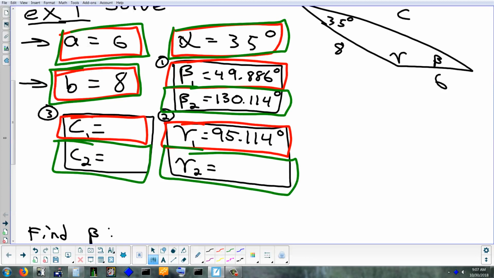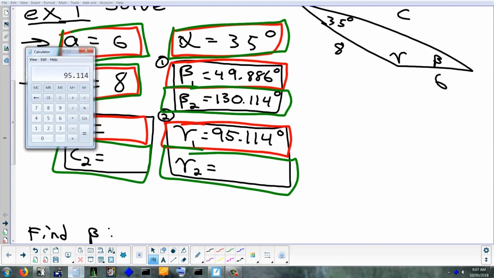Now at this point, I do have enough information. I could finish off the red triangle and get C1, but I'm just going to get gamma 2 while I'm getting the gammas, and then I'll come back and do C1 and C2 later. What are the two angles that I'm going to add up for gamma 2? Court? Alpha and beta 2. Alpha plus beta 2.